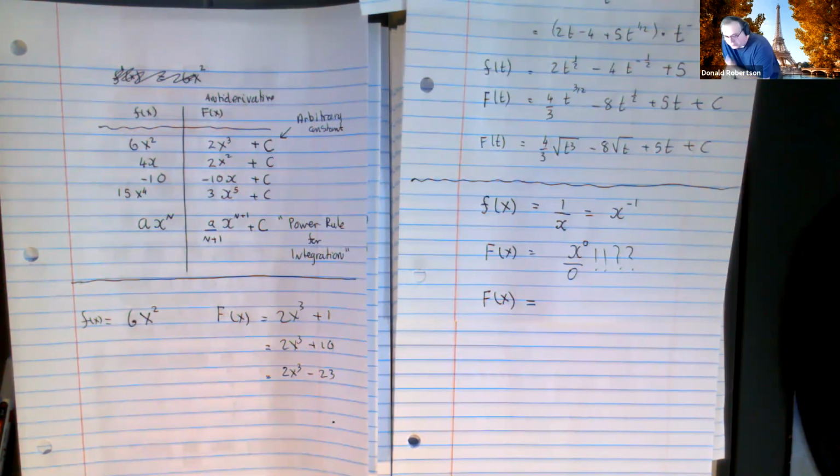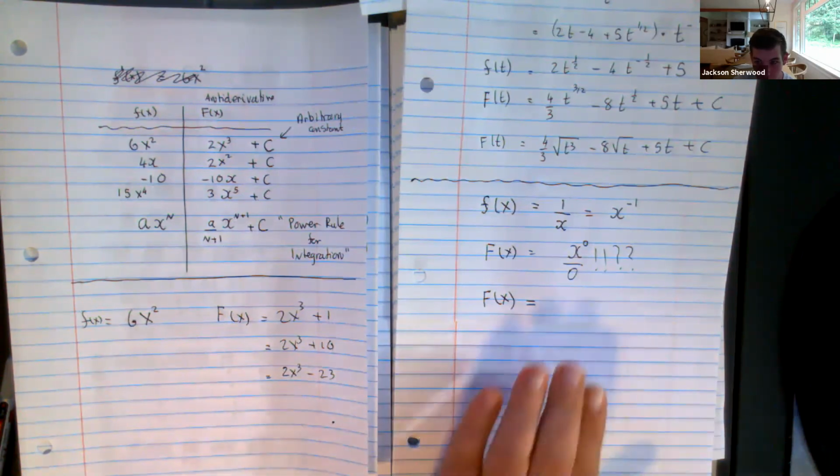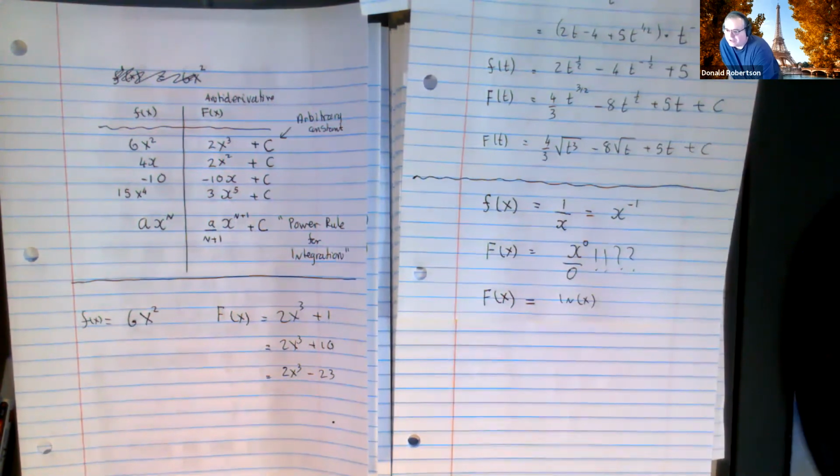What function do you need to start with to get 1 over x as its derivative? And you know this function: the natural log of x. Right? Isn't the derivative of the natural log of x 1 over x?